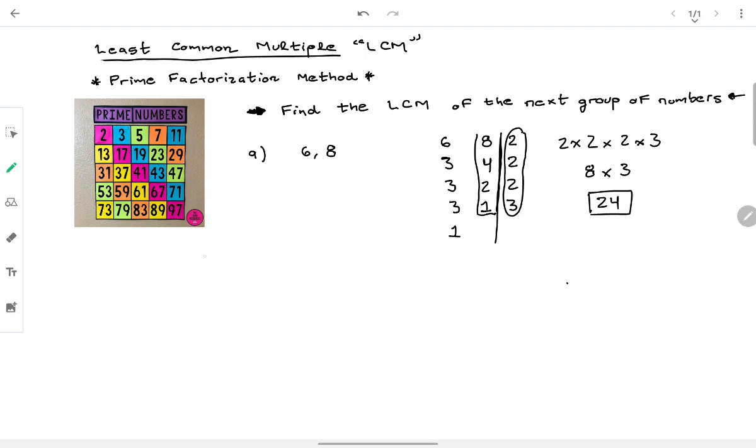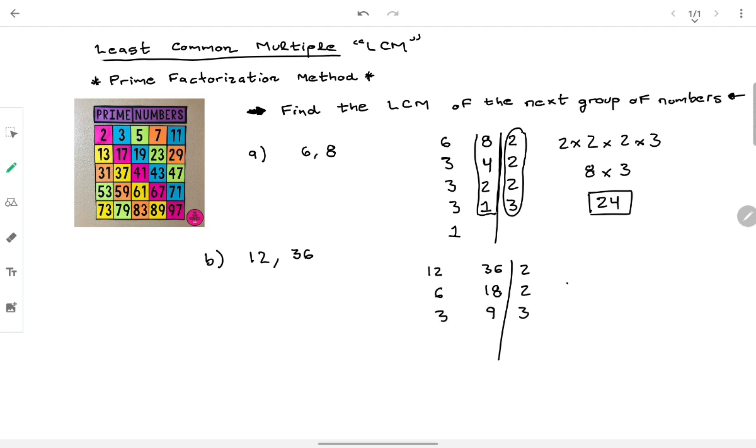Let's see another example. If we have 12 and 36, we put our numbers, 12 and 36, we put a little line here, and we start factoring. We can use the number 2, so we will get 6 and 18. We can continue with number 2, and we will get 3 and 9.